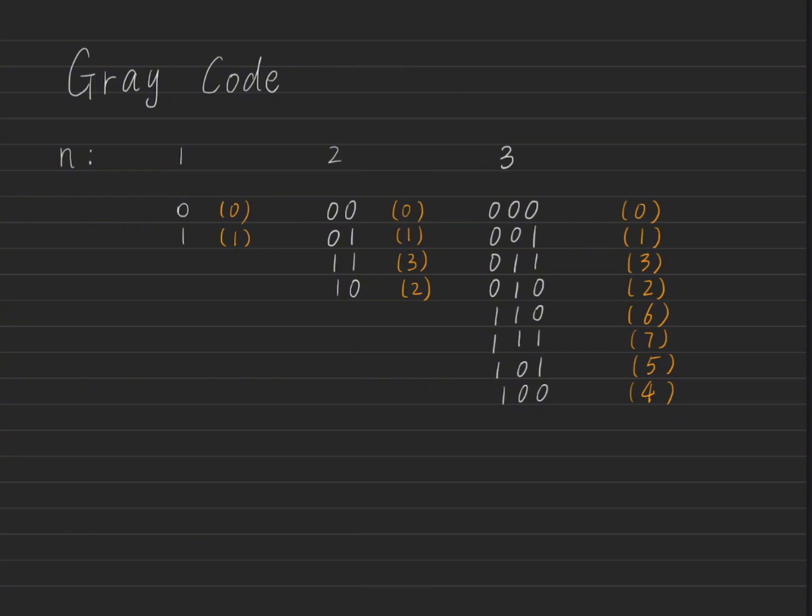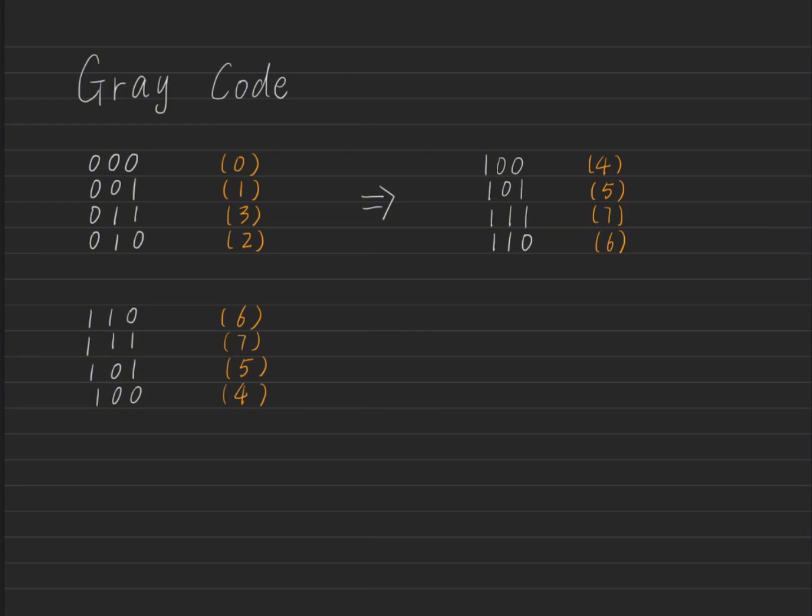Looking at the 3 examples, we can see that as n increases, the sequences are built on top of each other. In other words, to get to the solution for n equals 3, we can focus on n equals 2 and see how we can make use of it to derive the solution for n equals 3.